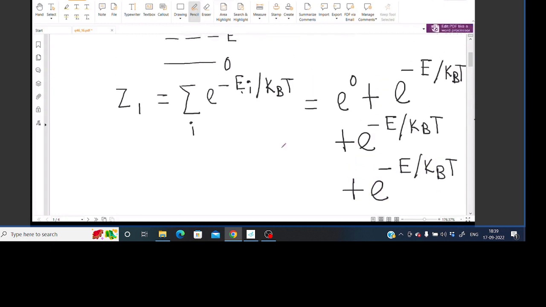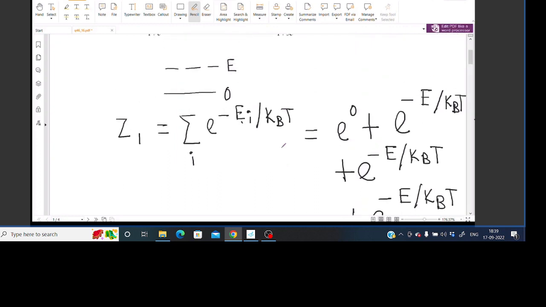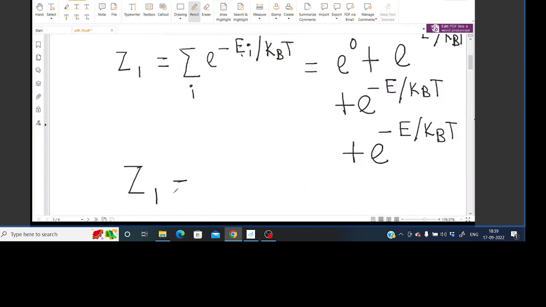Here e to the power minus E by kBT appears 3 times because the degeneracy of the energy level with energy E is 3. So Z1 is equal to 1 plus 3 e to the power minus E by kBT.